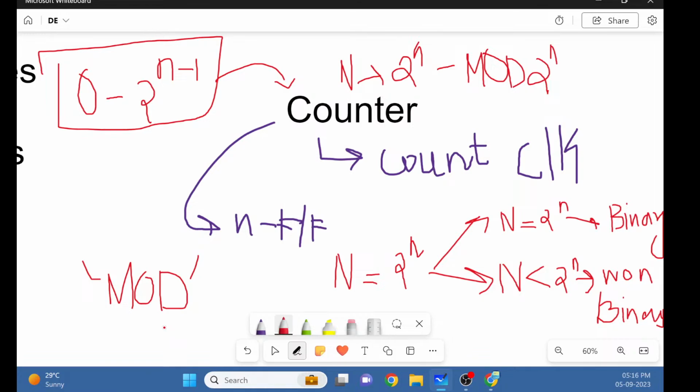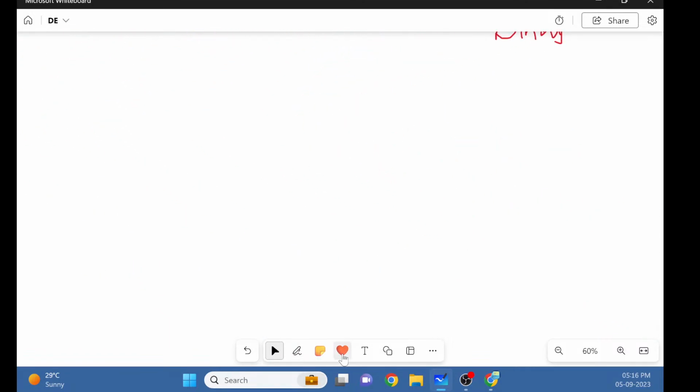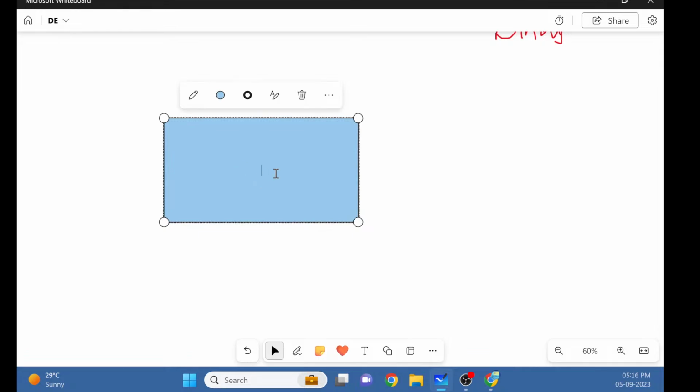Now let's move on to understanding a mod n counter. One second, I will draw a simple block diagram of a mod n counter. The mod number indicates the frequency division obtained from the last flip-flop.